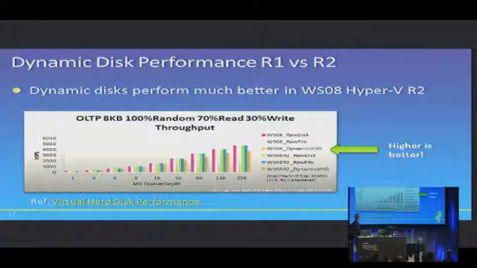And the reason for this difference, by the way, is because this is a combined read-write test. Dynamic disks incur an overhead when you're writing to a new sector of the disk. They do not incur any overhead when you're reading from the disk or when you're writing to a sector that's already been written to.